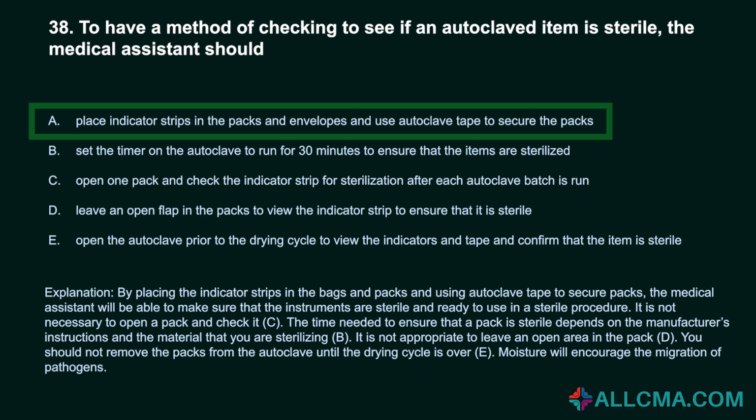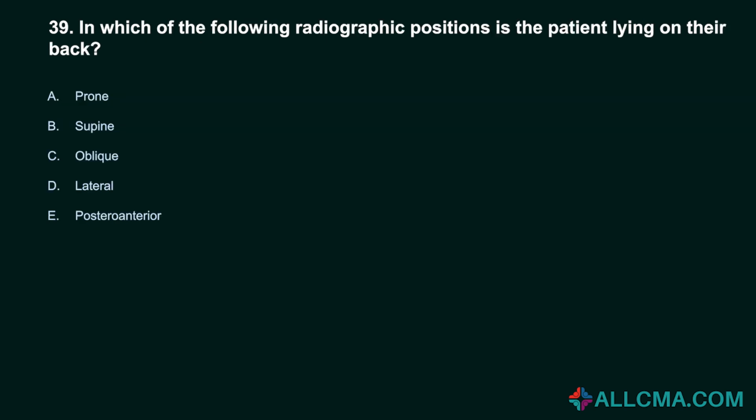It is not necessary to open a pack and check it, C. The time needed to ensure that a pack is sterile depends on the manufacturer's instructions and the material that you are sterilizing, B. It is not appropriate to leave an open area in the pack, D. You should not remove the packs from the autoclave until the drying cycle is over, E. Moisture will encourage the migration of pathogens.